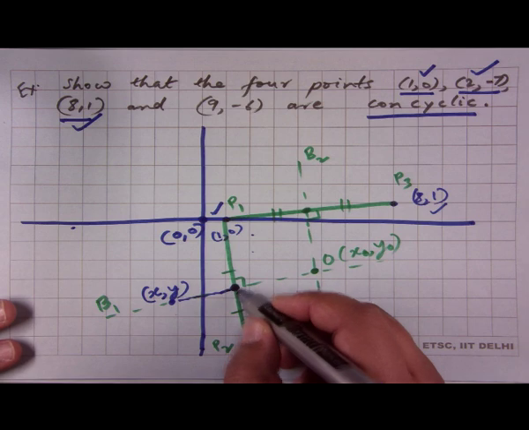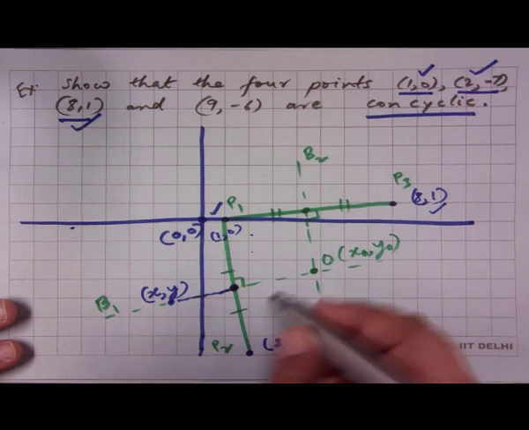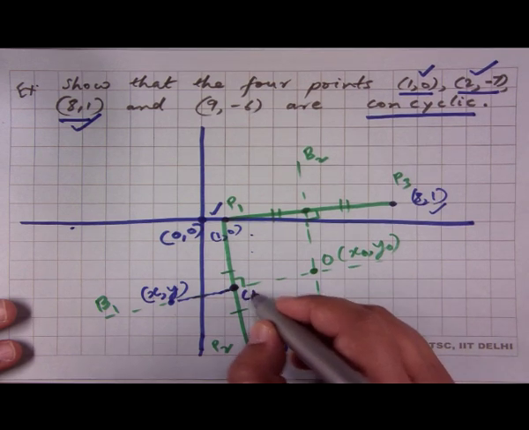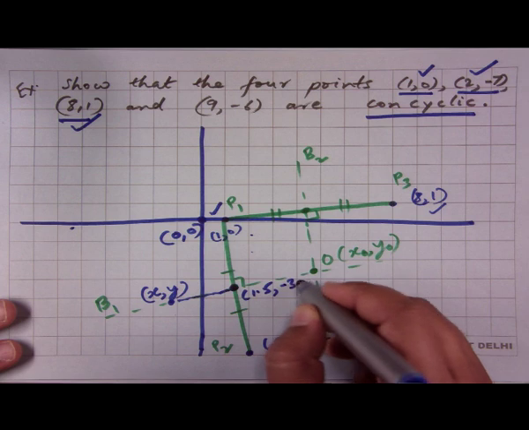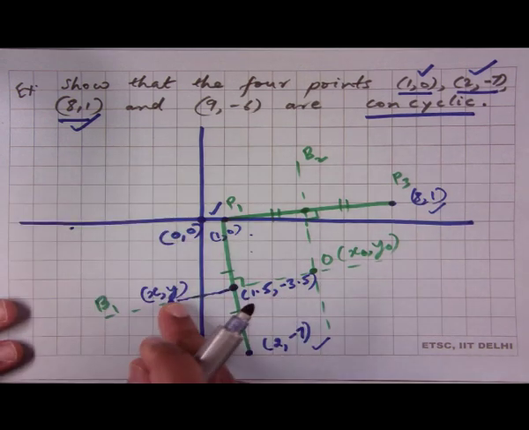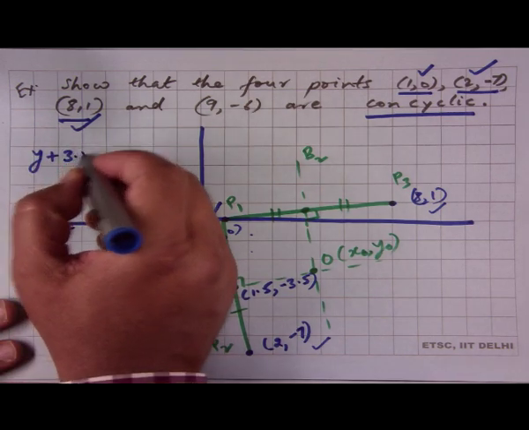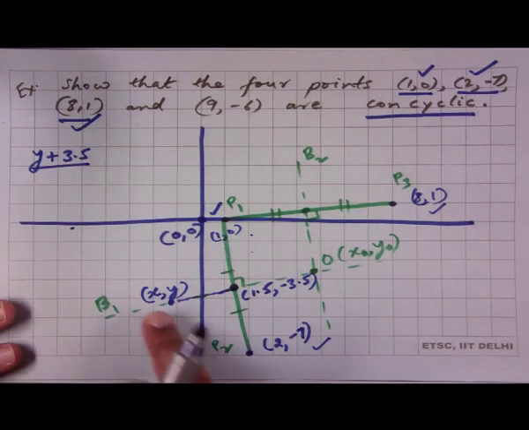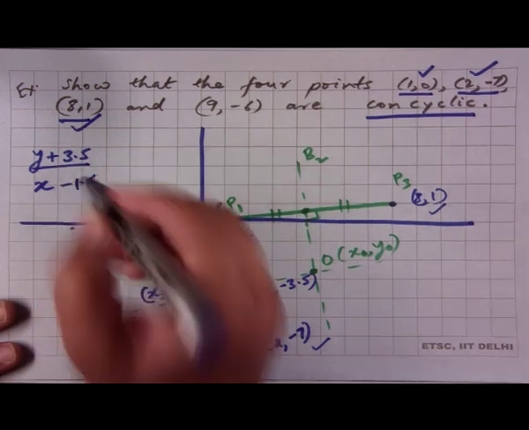So, the midpoint of this chord here is (1.5, -3.5), and therefore, the slope of this perpendicular bisector is (y + 3.5) over (x - 1.5).